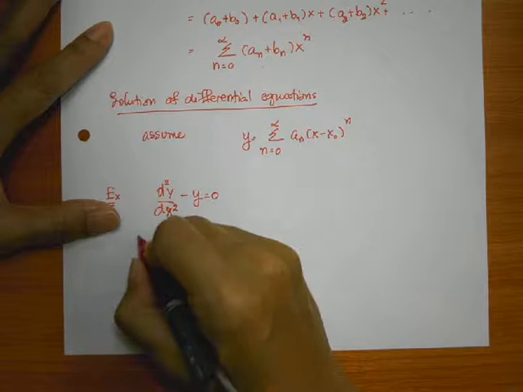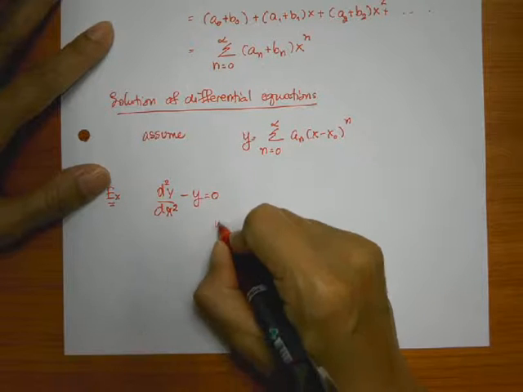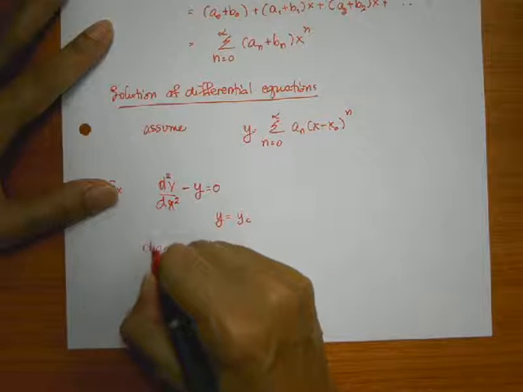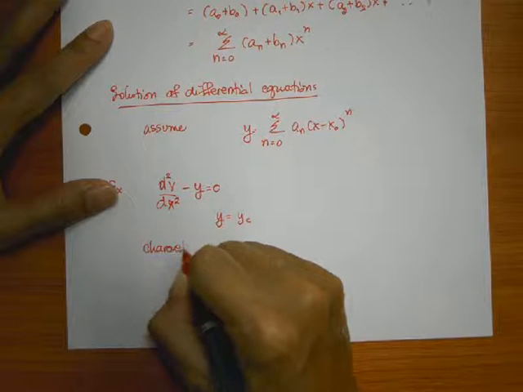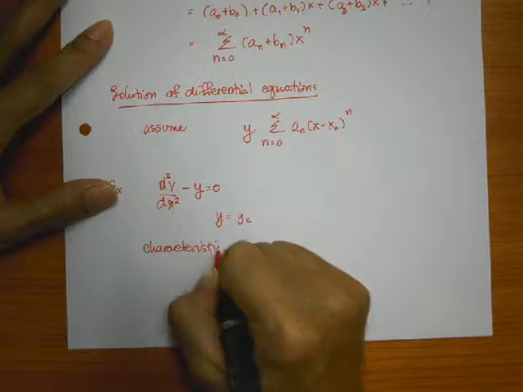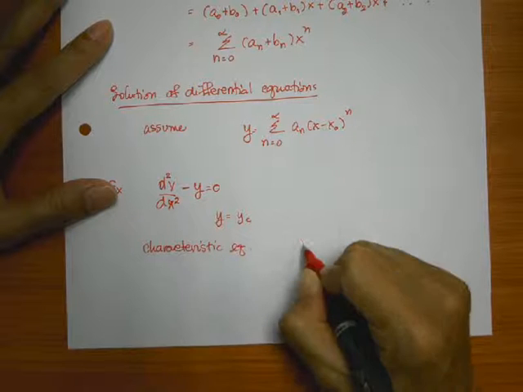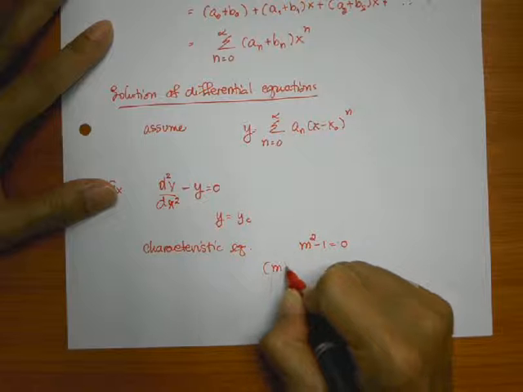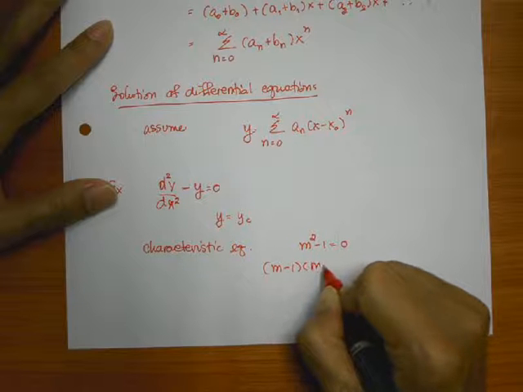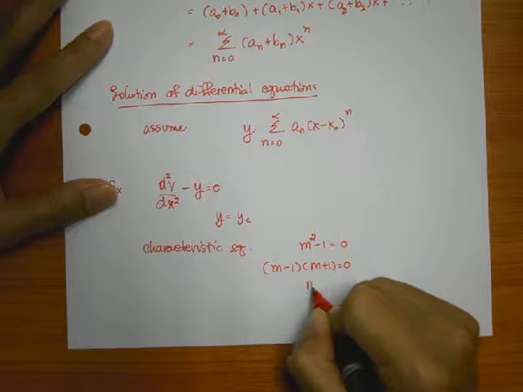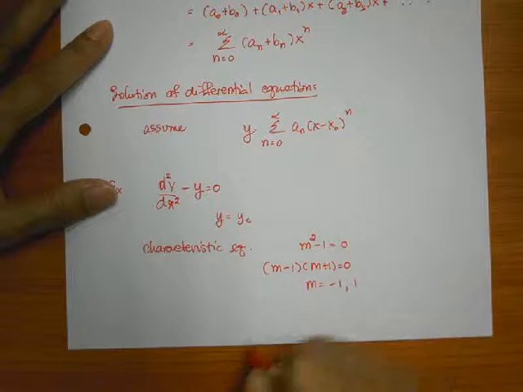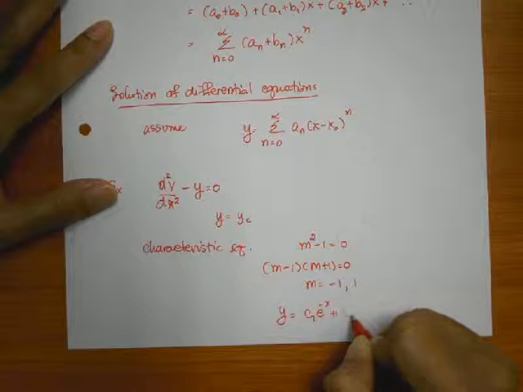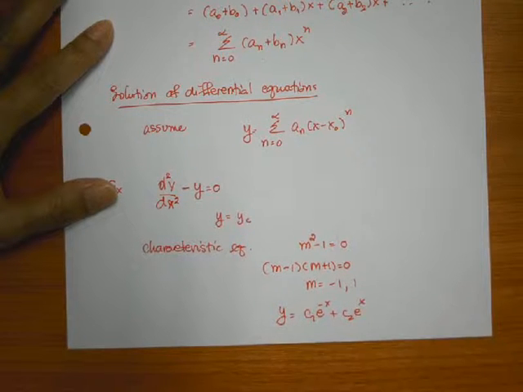So that means we got to find yc, right? And our characteristic equation is what? M squared minus 1 equal to 0. So you have m is equal to minus 1 and plus 1. So y is equal to c1, right?